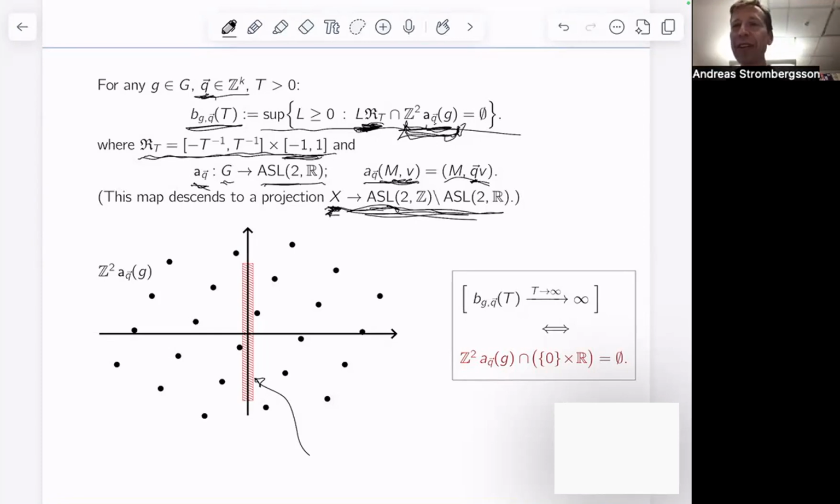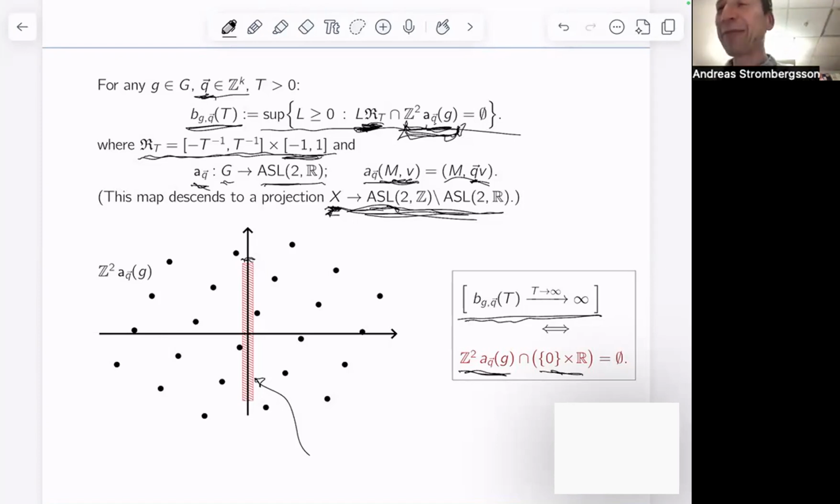And now, BGQT tells how big a scaling of this long and thin rectangle can I have and still avoid all points in this grid. And now it's rather immediate to see that for a fixed non-zero integer vector Q, this BGQT tends to infinity if and only if this affine lattice has no point along the y-axis or the vertical axis.